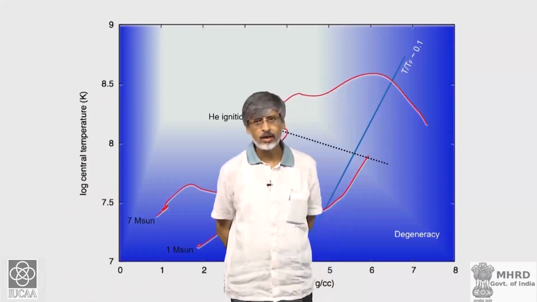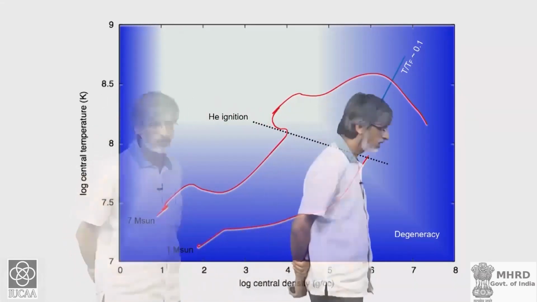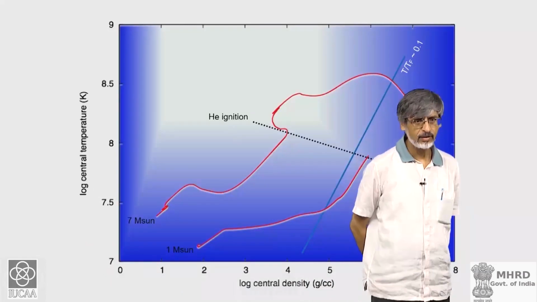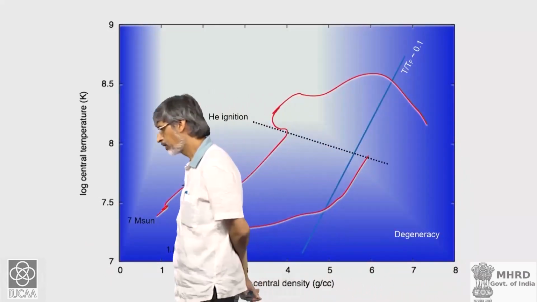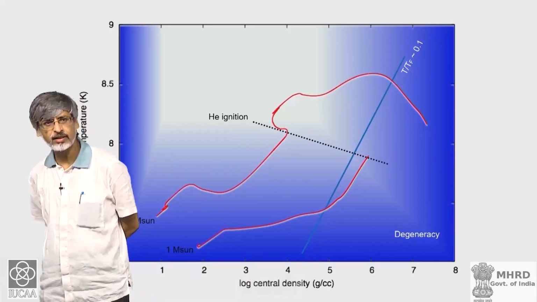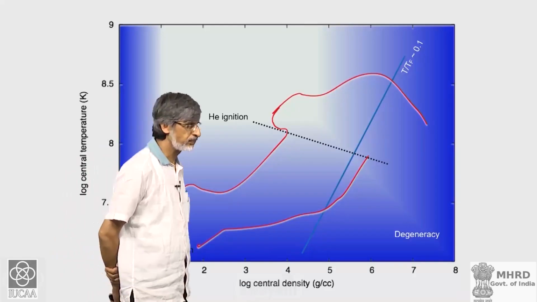However, if the matter in the core becomes degenerate, then degeneracy pressure begins to add a significant component of the support against gravity.